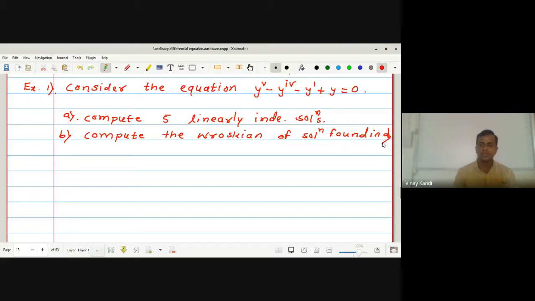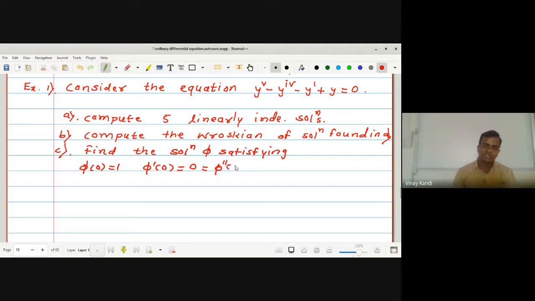Okay, c: find the solution phi satisfying phi of 0 is equal to 1, phi dash of 0 is equal to 0, which is equal to phi double dash of 0, which is equal to phi triple dash of 0, which is equal to phi fourth derivative of 0.